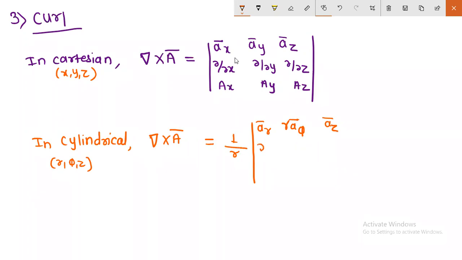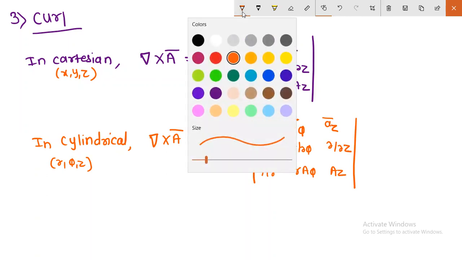Then dabba upon dabba r, dabba upon dabba phi, and dabba upon dabba z. Then the first coefficient is ar, second is r into a phi, and third is only az. So this is in the cylindrical system, and last is spherical.